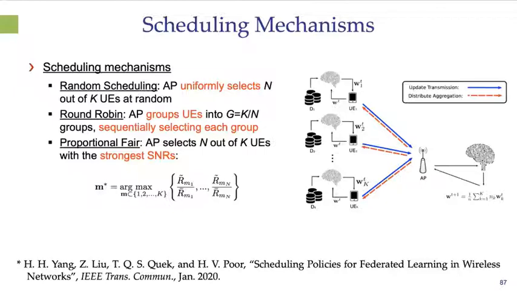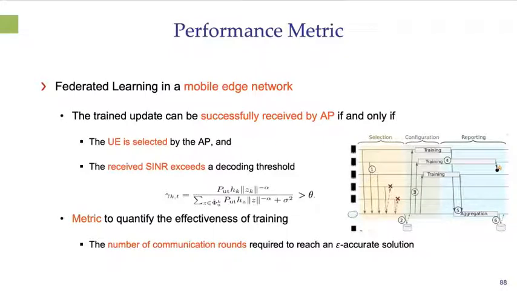Now, what I'm going to talk about now is an analysis that appears in the paper shown at the bottom of this screen, which appeared just a few months ago in the IEEE Transactions on Communications. Okay, so now we have these scheduling mechanisms. We're going to be transmitting over a wireless network. So a trained update can be successfully received by the access point if and only if two things happen.